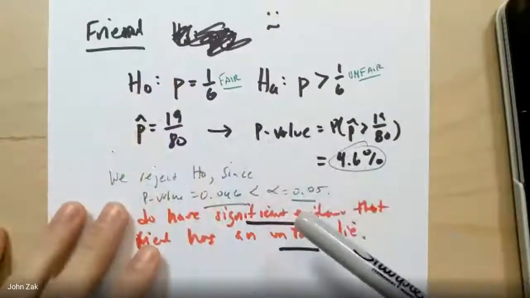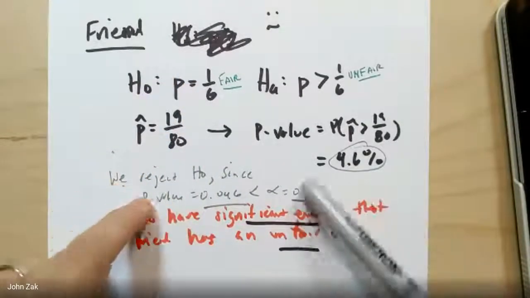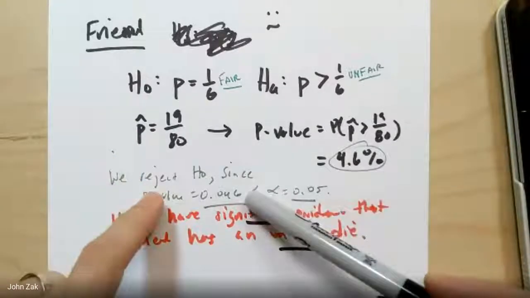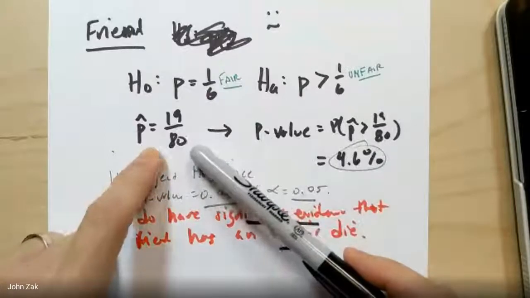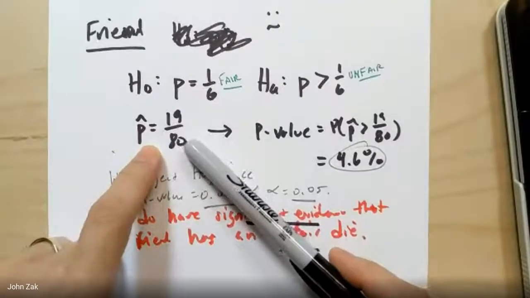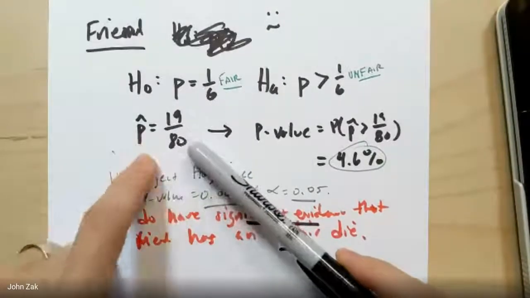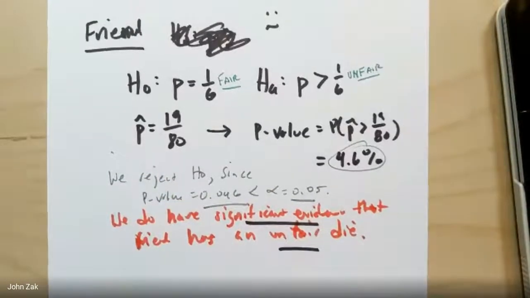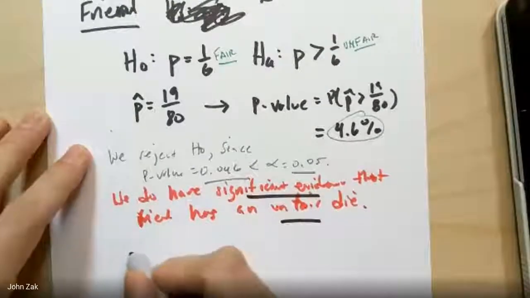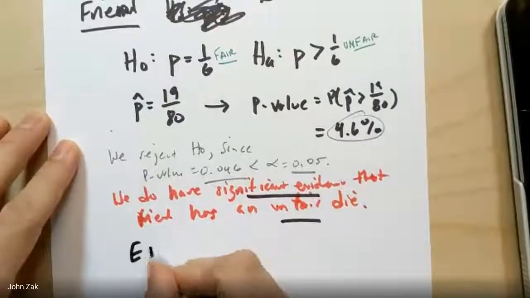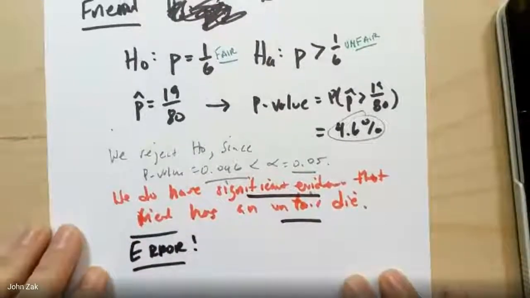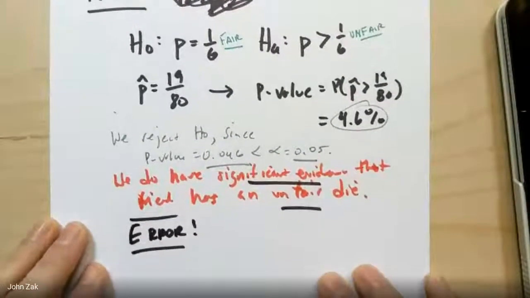It's possible that just by chance, our friend could have rolled a 6 an unusually large number of times, even when it was a fair die. And so there is a chance that we made an error. We can make errors when we do significance tests.